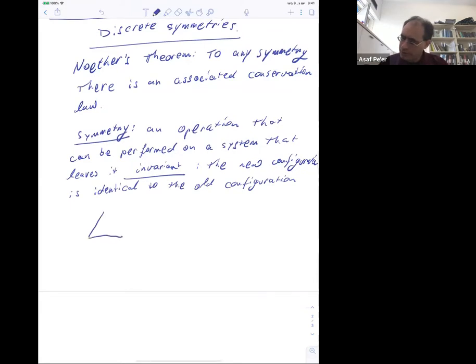Equilateral triangle. This is my triangle, with vertices 1, 2, 3. Now I rotate it. I make an operation where I rotate it by 120 degrees, and I end up with the same triangle rotated, right?